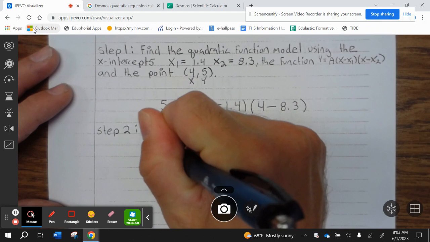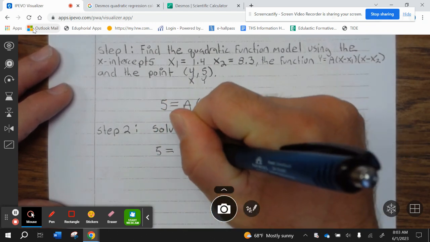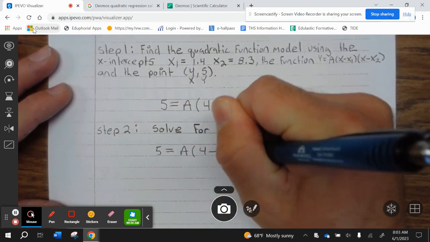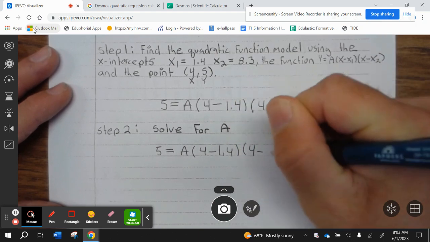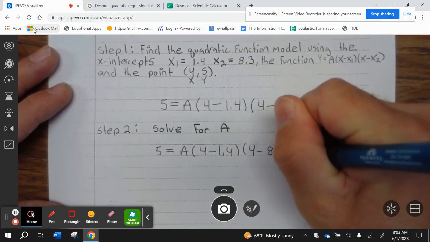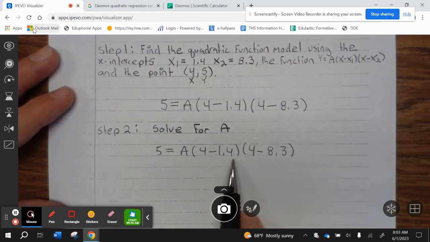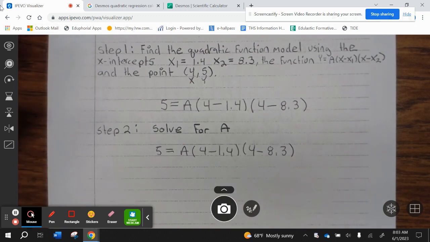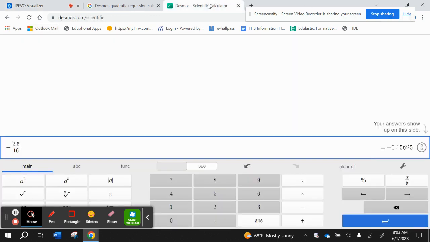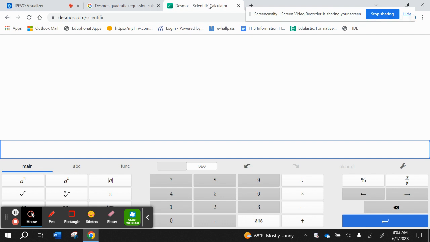So we have 5 equals a, parentheses 4 minus 1.4, parentheses 4 minus 8.3.